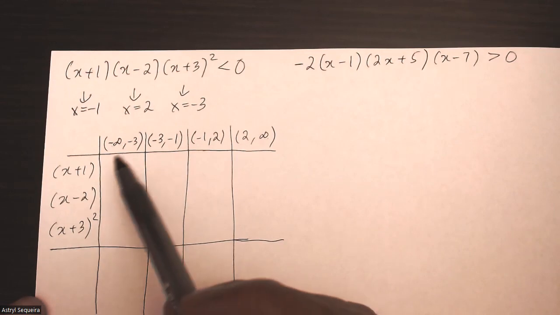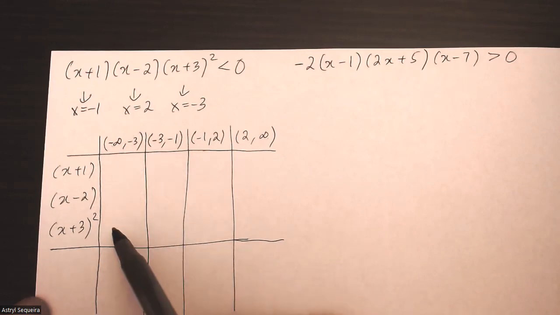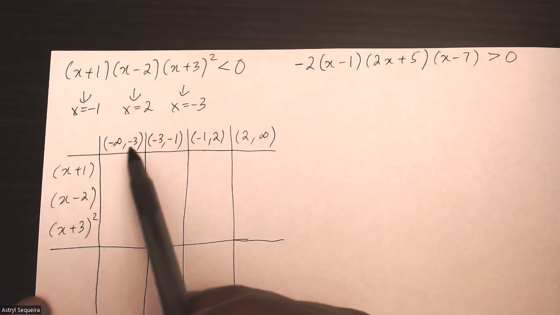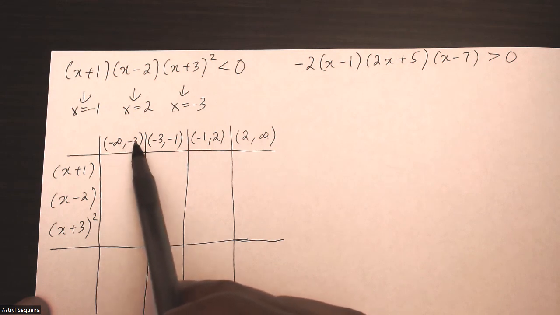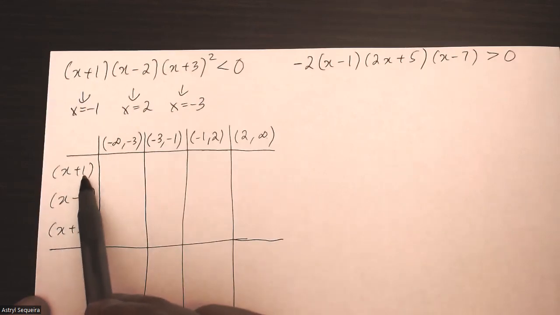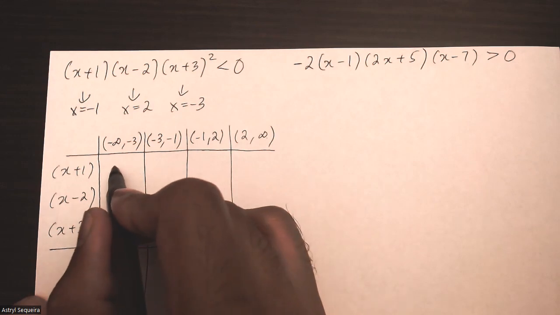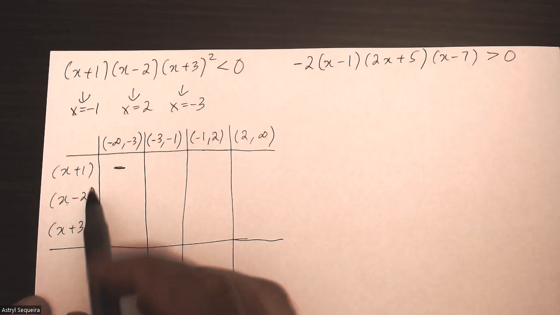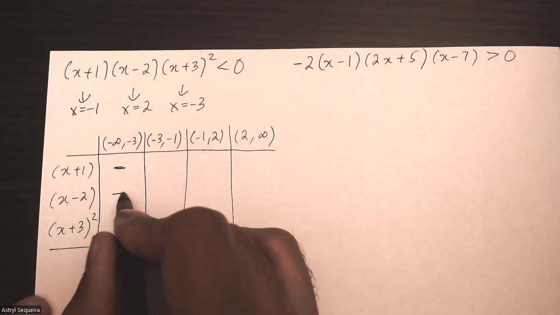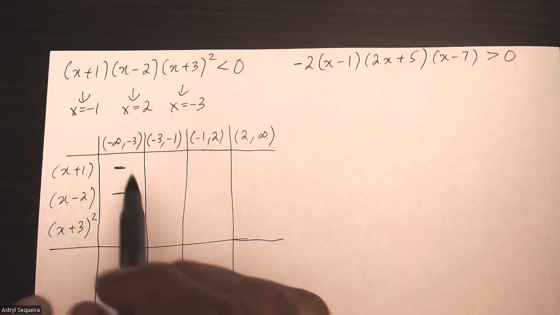So now I need to test all of these ranges over here. Let's start with this range here between -infinity and -3. So pick any number between -infinity and -3. I'm going to pick -4. -4 plus 1 is -3, which is a negative value. -4 minus 2 is -6, which is also a negative value.